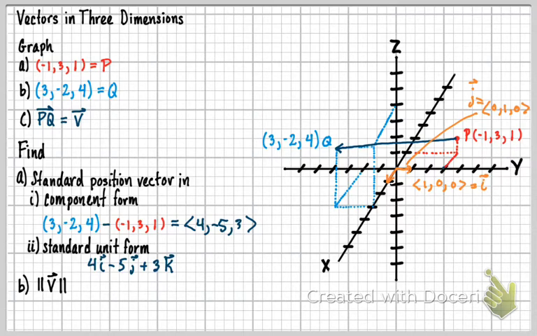And then my K vector is going in this positive Z direction, and that's up 1. So that vector is going to be 0, 0, 1. And that's my K vector. Okay, and that's why they call it standard unit form, because the number 1 is a unit in general. Okay, so now we're going to look at the magnitude of V.